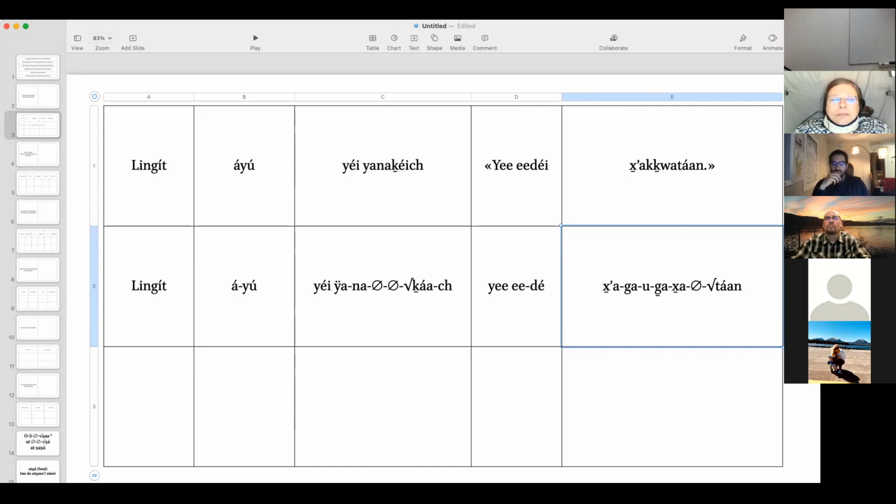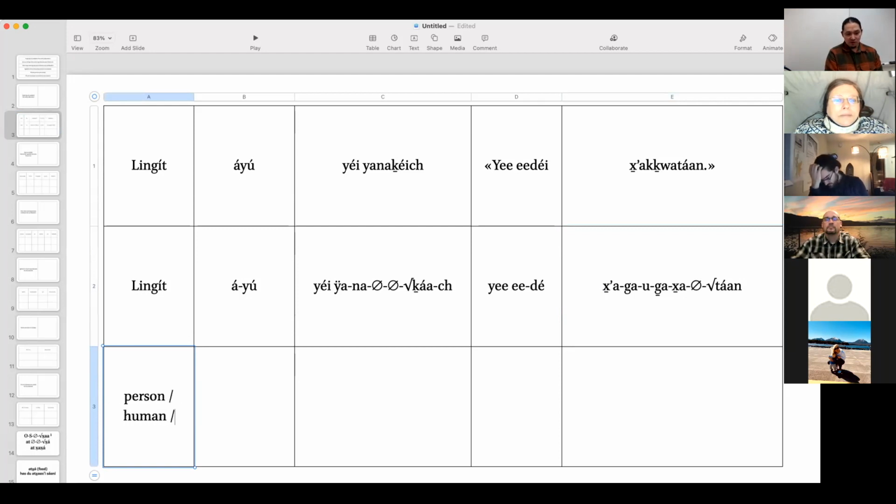Okay. So this is it pulled apart. So then we can go through and we could say Tlingit, which I would say could be person, human, or it could be a Tlingit, like we could write it as Tlingit with the idea that, you know, a Tlingit thing, Tlingit hit, a Tlingit house.